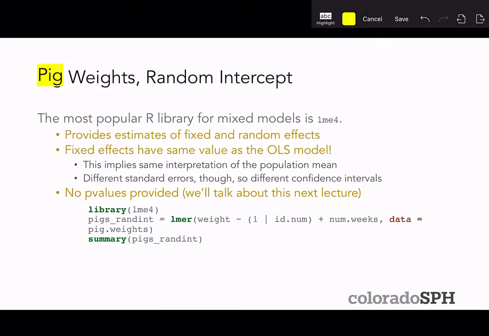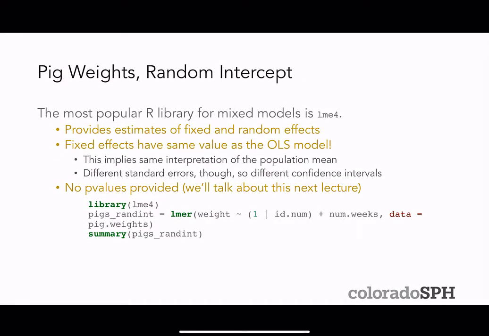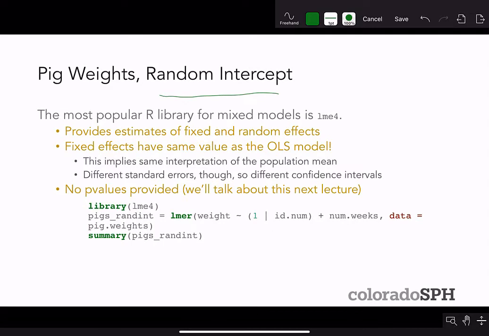So now I'll get into my random effects model, first starting with a random intercept model. The most popular R library for mixed models is lme4. And this is a continuously developed library with all of the cutting edge stuff that has to do with mixed modeling. nlme is also another library. This is an older one.